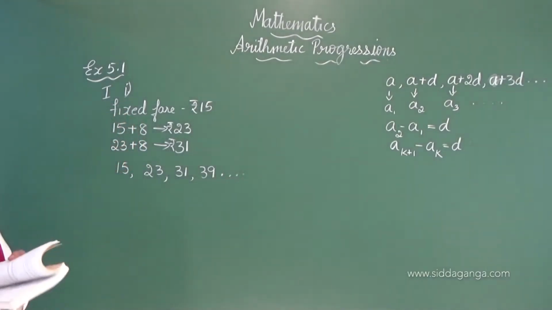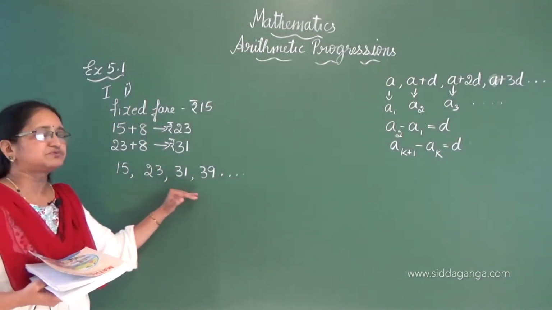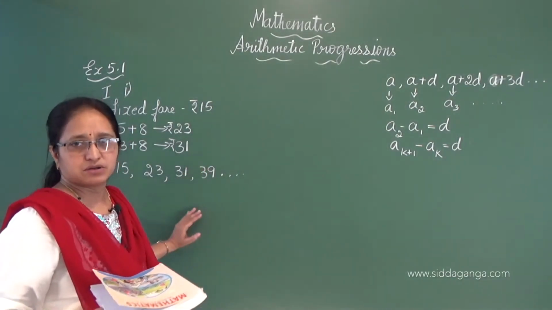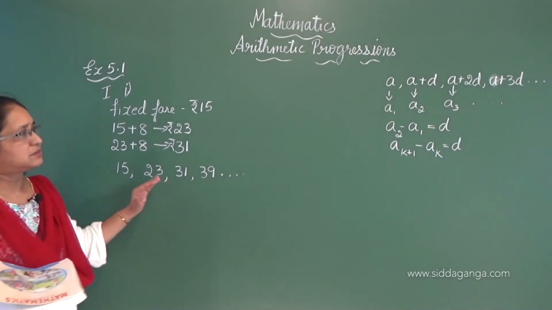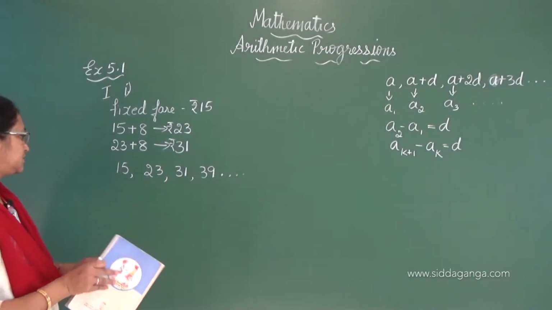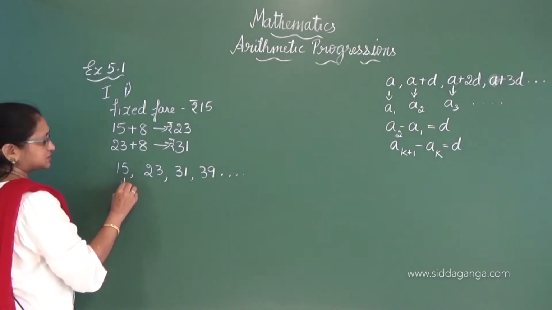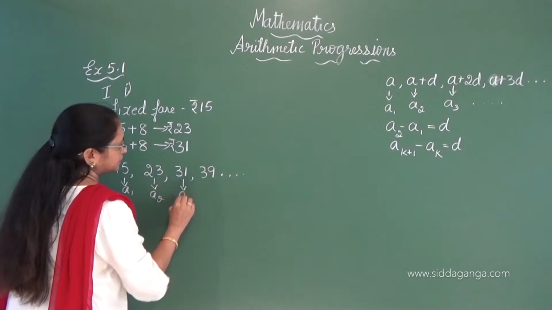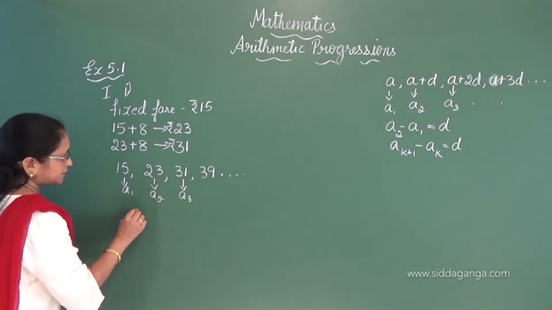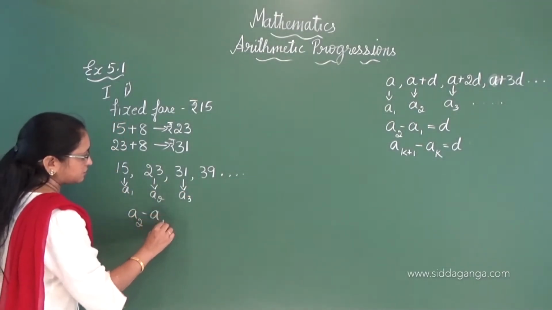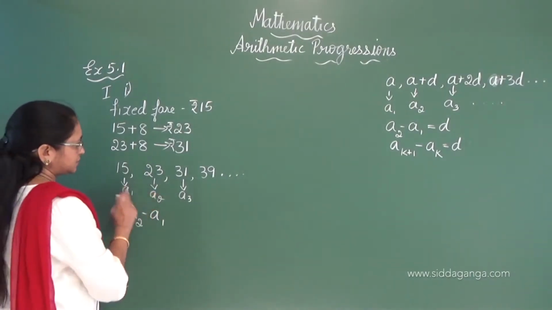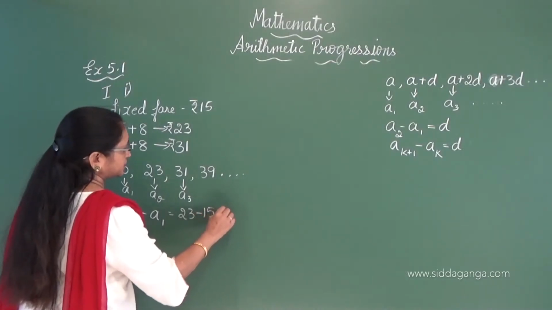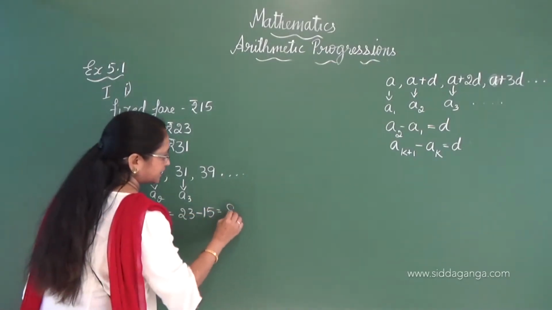After finding this, you should check whether this situation is in AP or not. How can you check it? I told you this is the first term A1, second term A2, third term A3. To check, you do A2 minus A1, which is 23 minus 15, and it gives you 8.